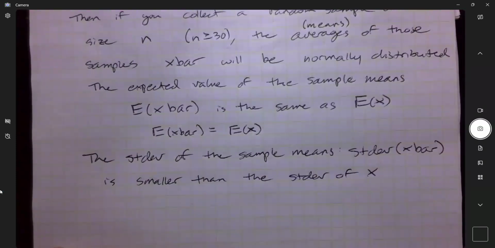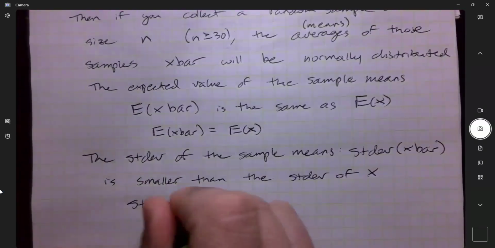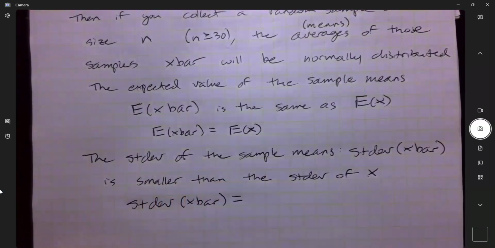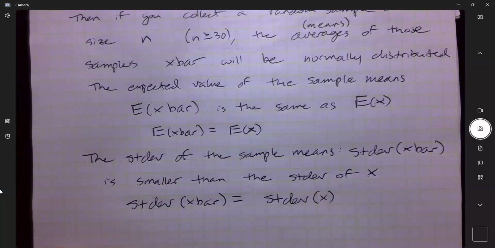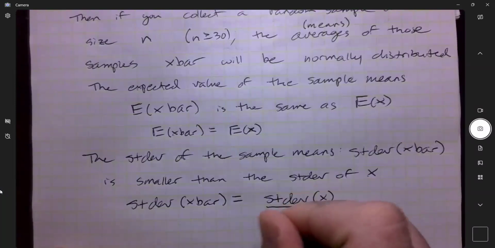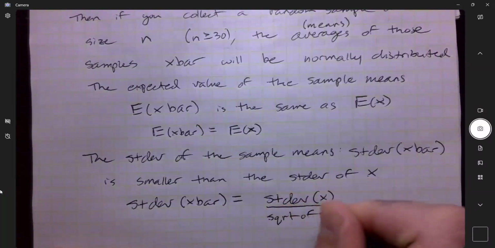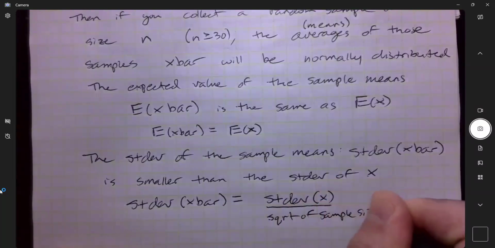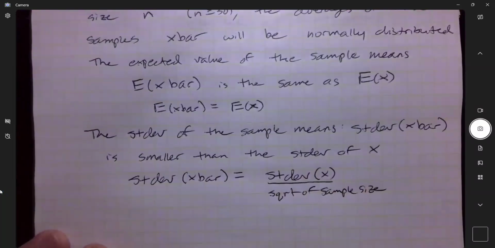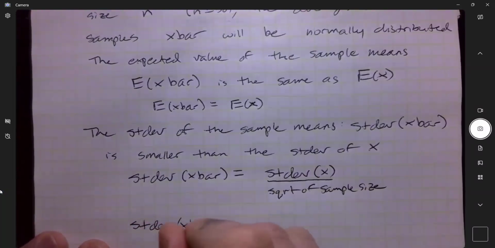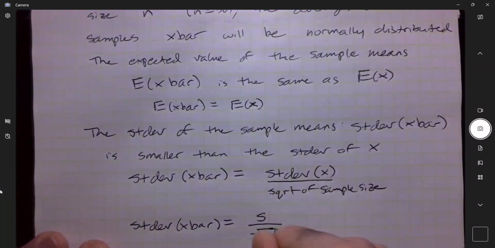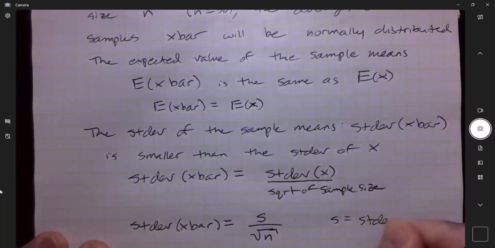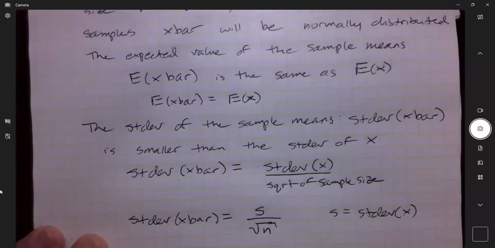And we have a mathematical formula. stdev of X bar is the standard deviation of the random variable, stdev of X, divided by the square root of the sample size. So just to write it using the letters, stdev of X bar is equal to S over the square root of n, where S is the standard deviation of the random variable.